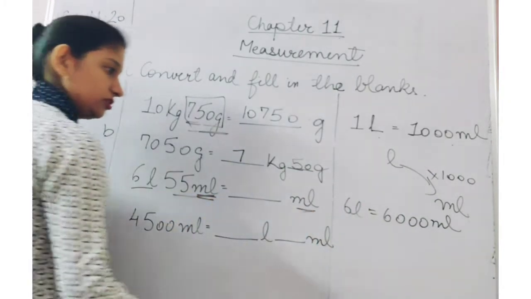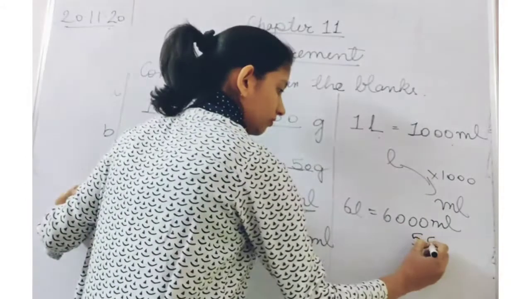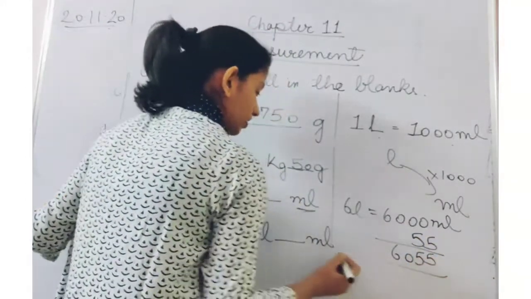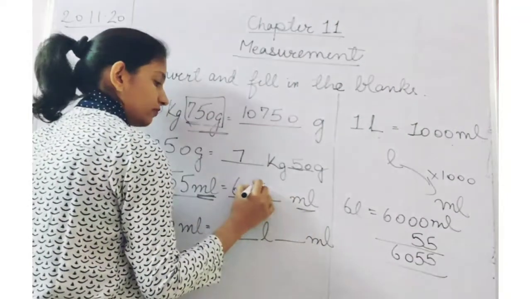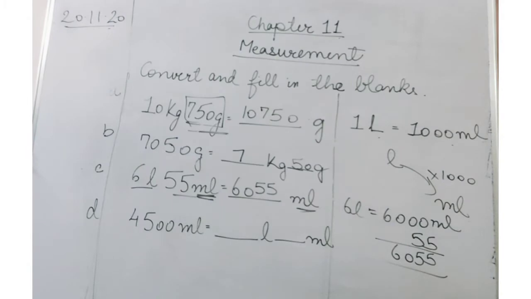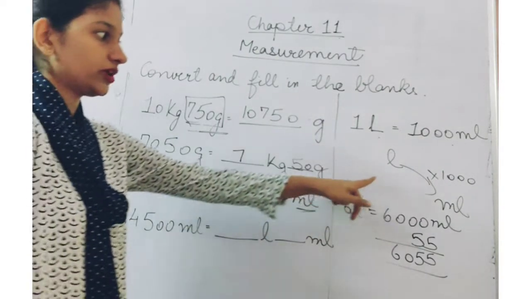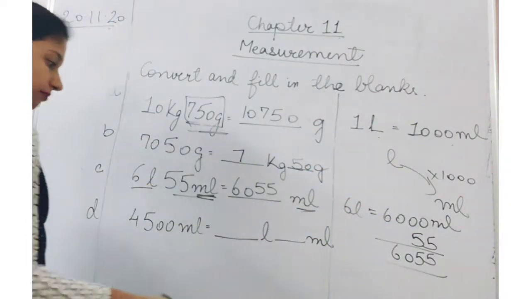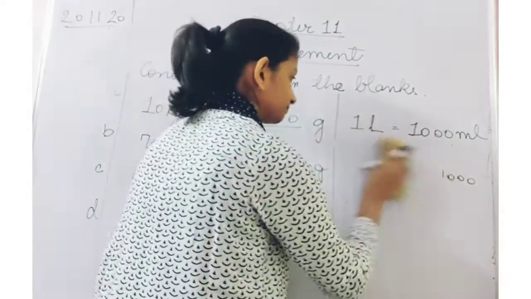What will you get here? 6055. This is your answer, 6055 milliliter. Again, whenever going from bigger to a smaller unit, multiply by 1000. Now let's have a look at the next part.